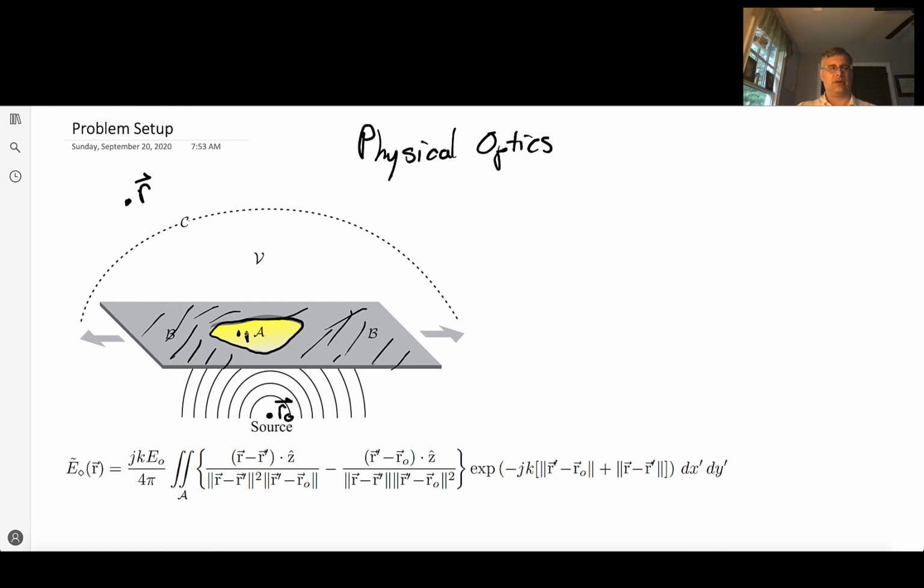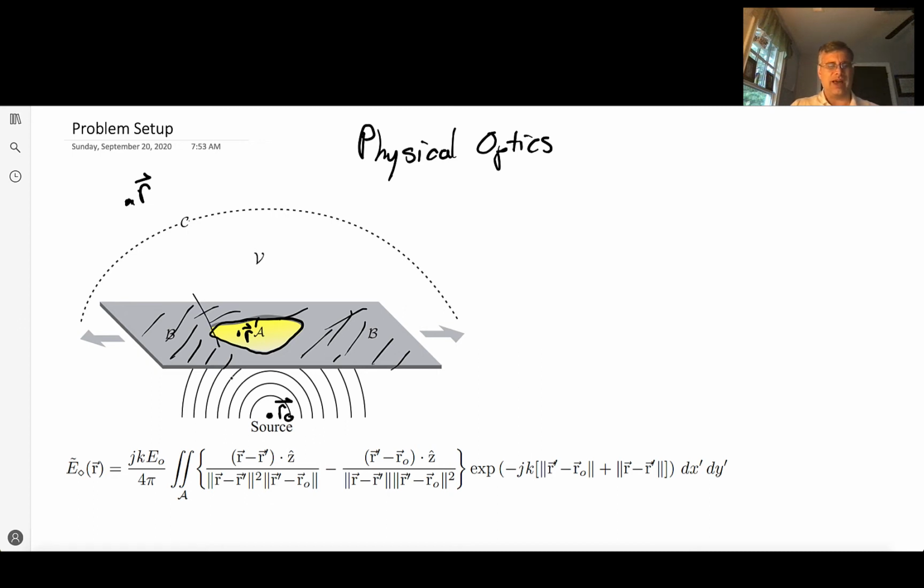So we'll need a little r prime vector that will serve as our variable of integration, and we're going to use sort of the grown-up version of Huygens principle. We're going to add up all the contributions along this aperture of the illuminated field that it makes at that point.